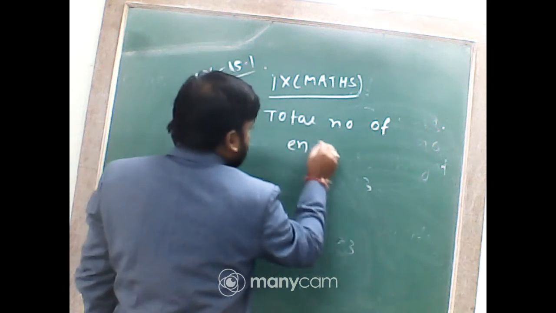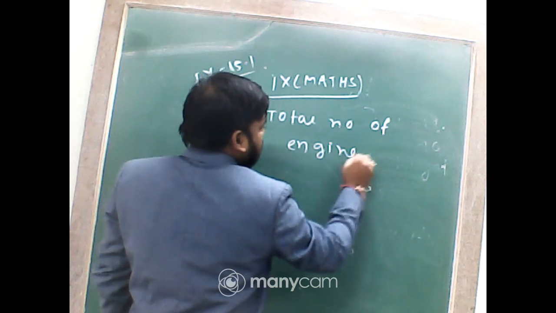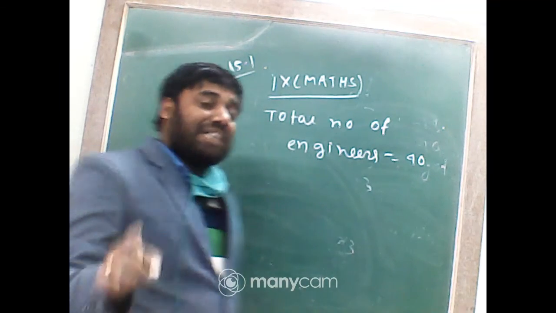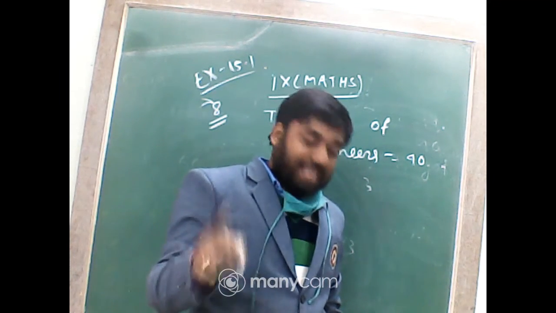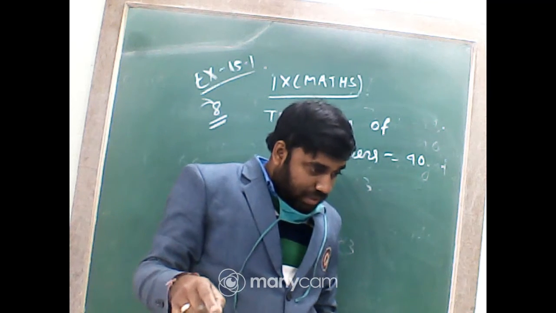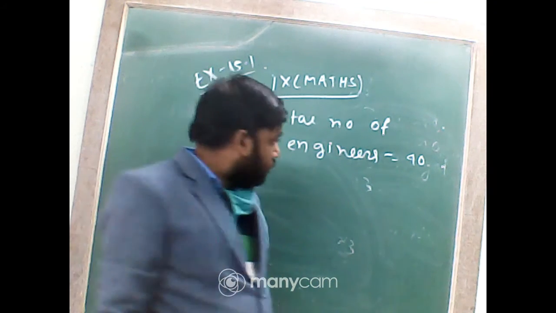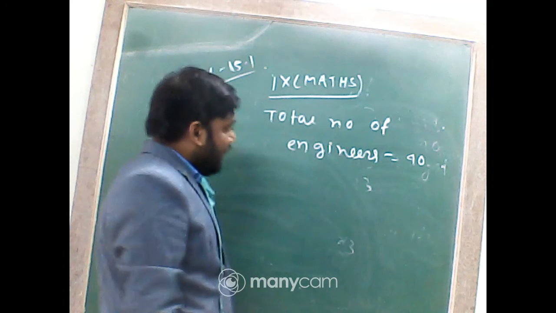engineers, that is 40. How many engineers have the distance less than 7 from their workplace? Tell me the answer. So less than 7.